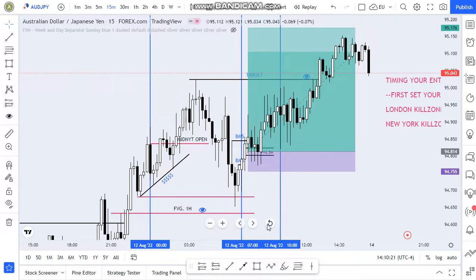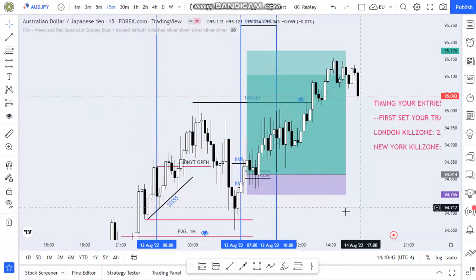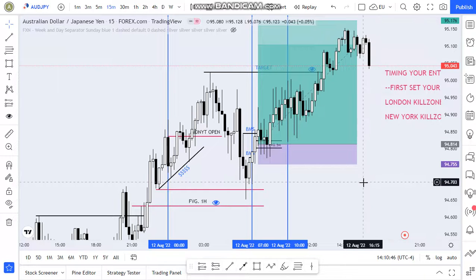Wait patiently for price to react, break structure, mark your new zone on a lower time frame, and pair it with your kill zone, either 7 to 10 a.m. New York time or 2 to 5 a.m. New York time. So thank you guys. If it's not that clear to you, watch it over again, and I think you will be good.